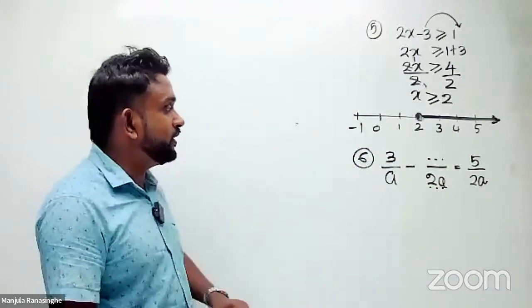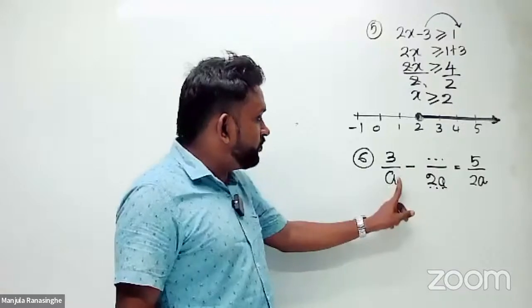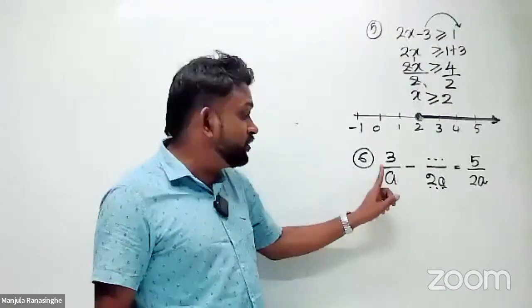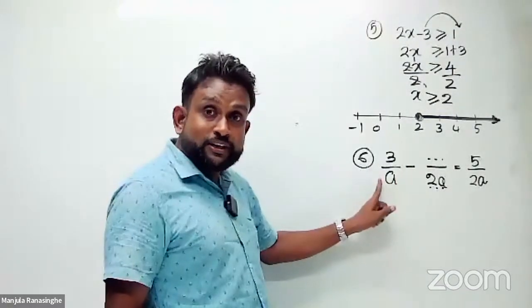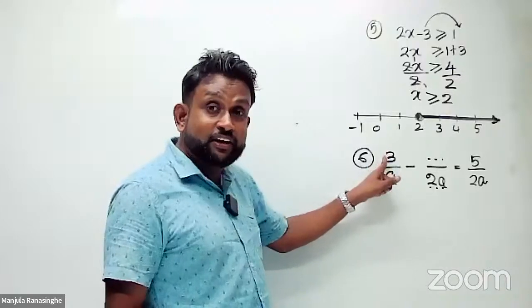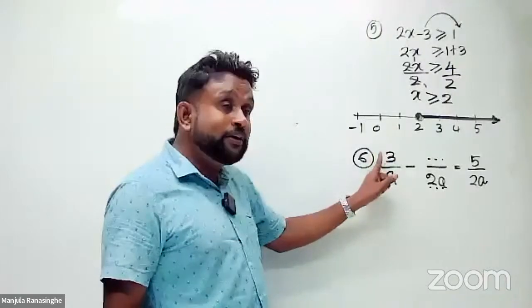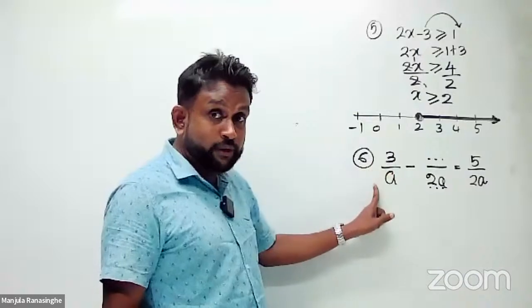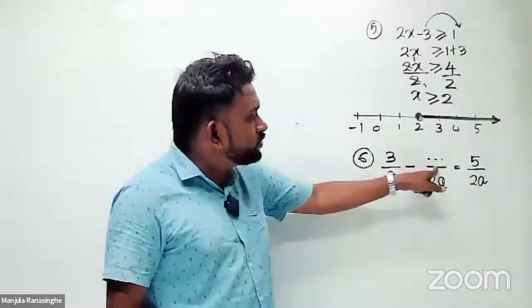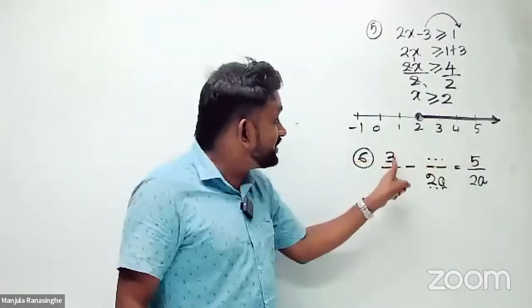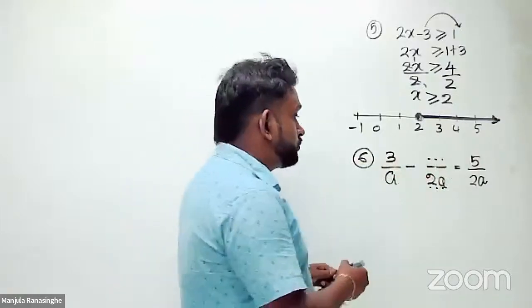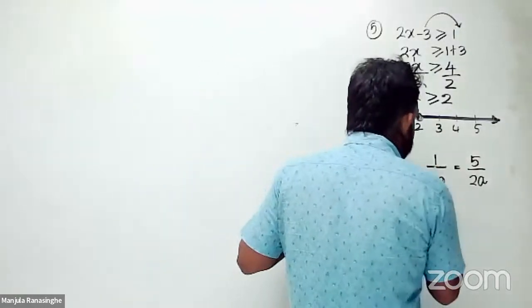Now check the numeric value. When you make this 2a, you multiply by 2. 2 into a, 2a, 2 into 3 on the top, 6. Now it is 6 upon 2a. 6 subtract which value gives you 5? 6 subtract 1. So this part shall be 1.